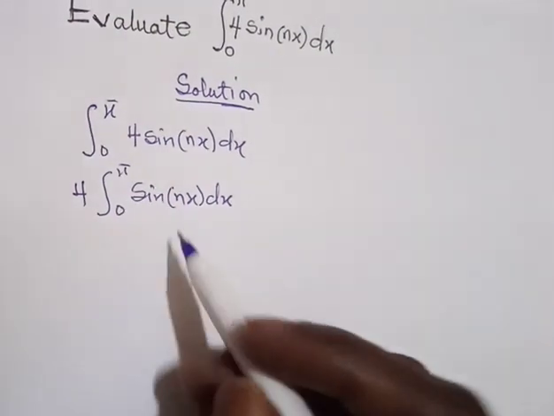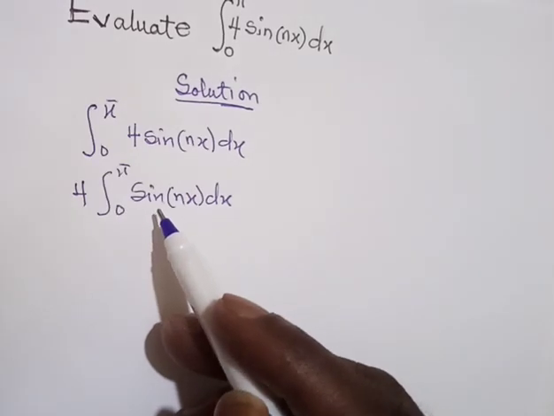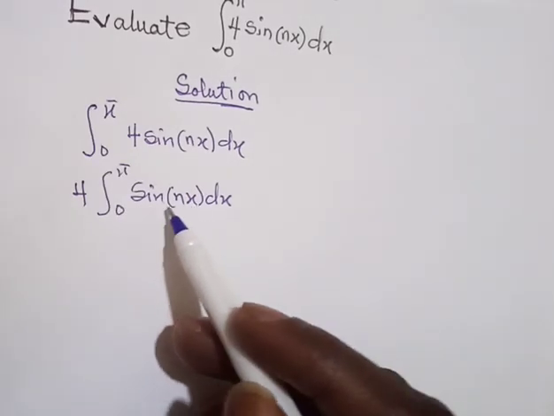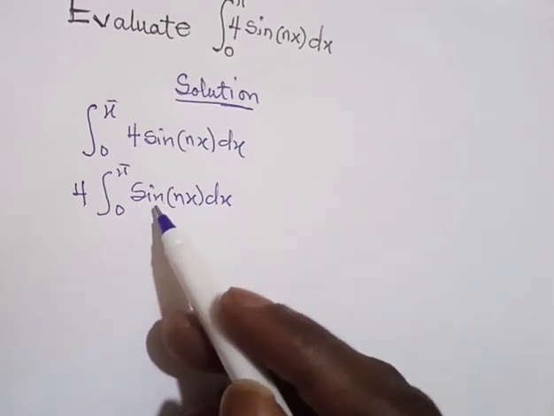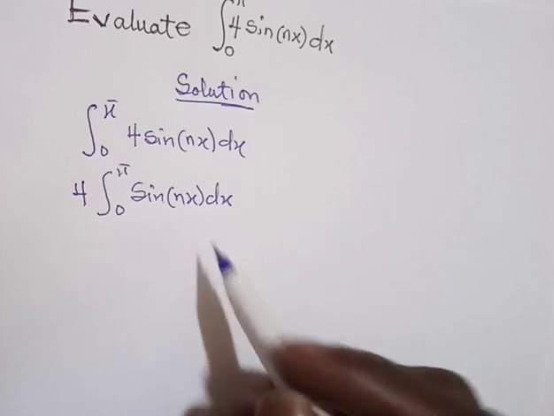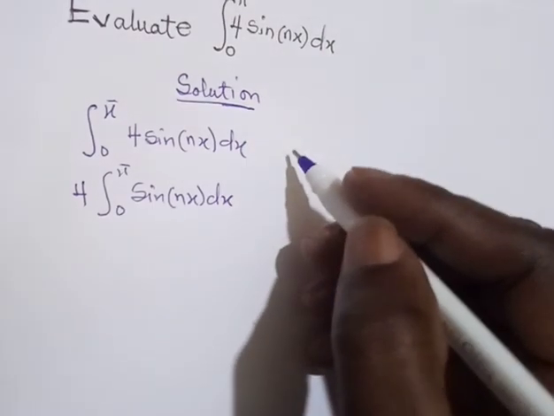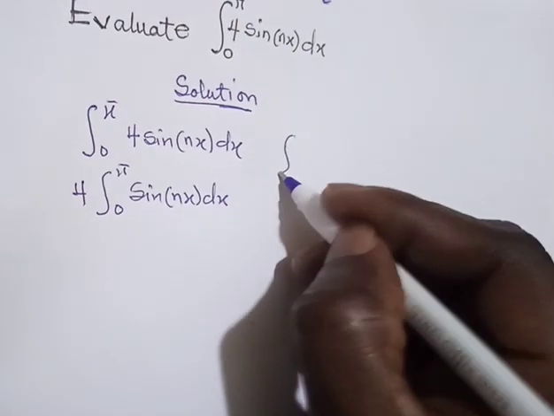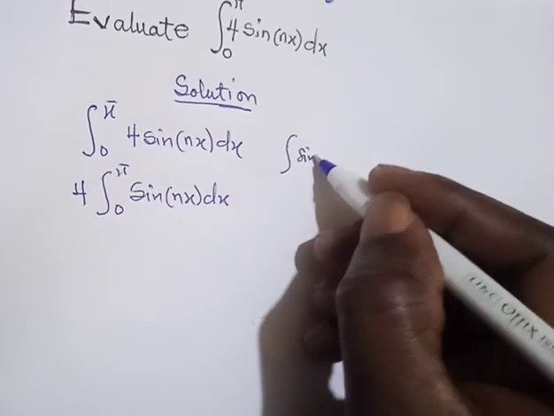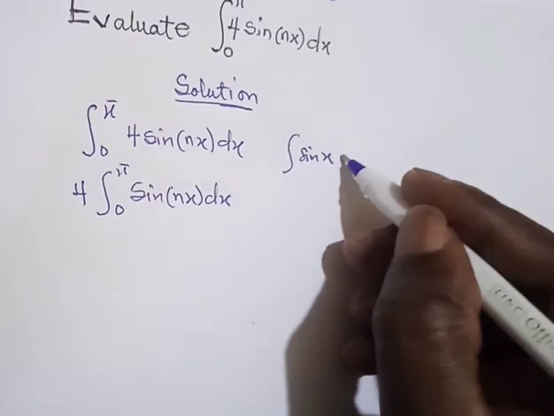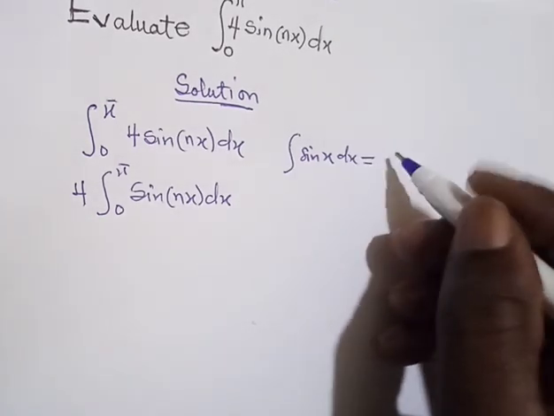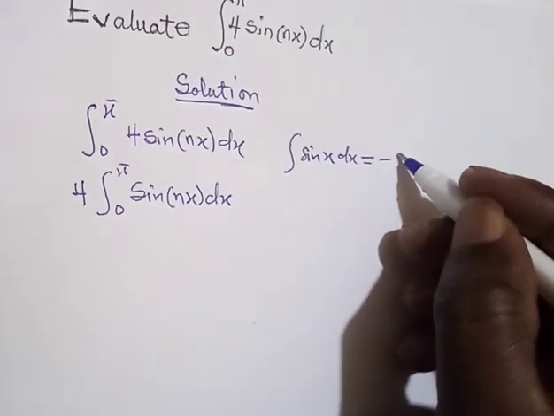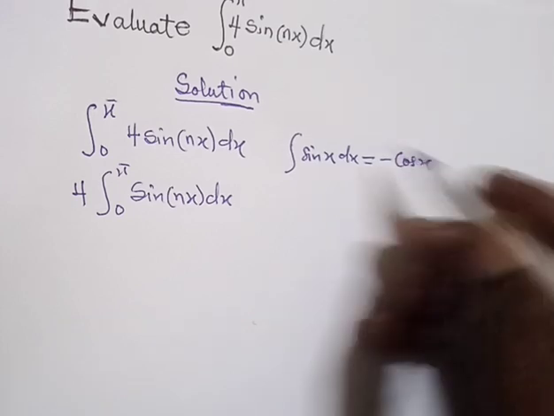Good. So let's integrate the sine nx. Now this is the integration of a trigonometric function. So let's see how we integrate the sine function. If you are to integrate sine x dx, we are getting negative cos x.